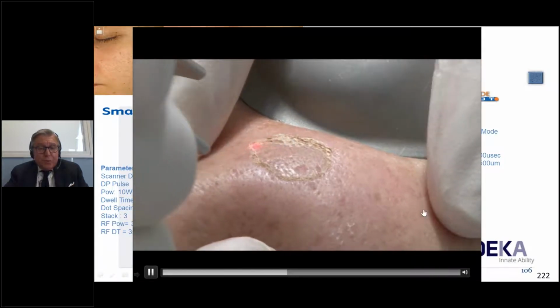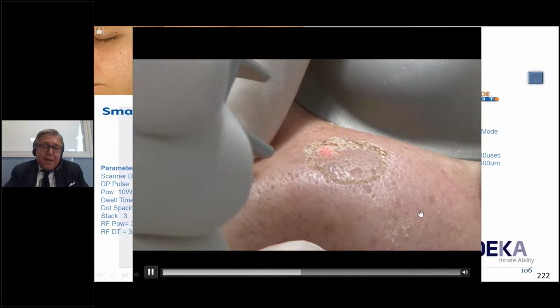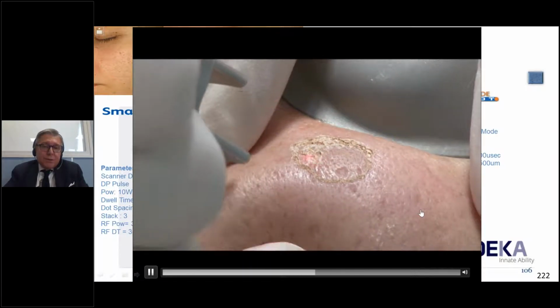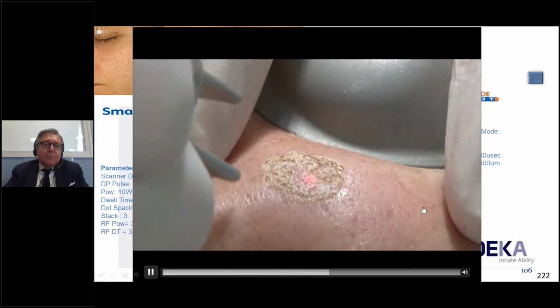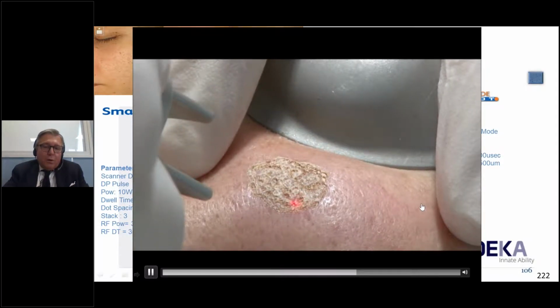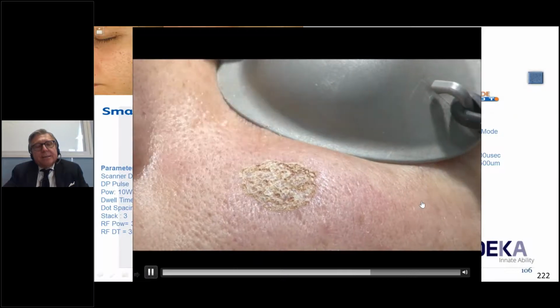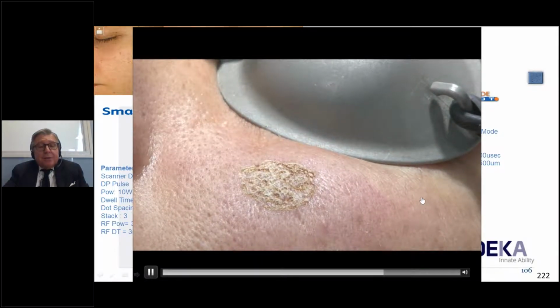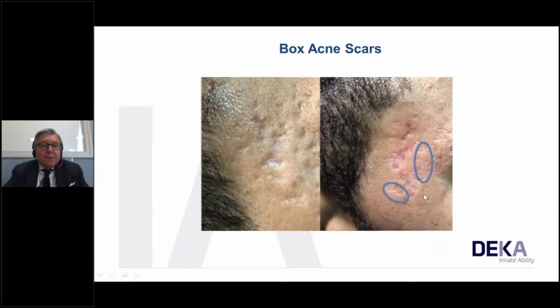Why is it so important? Because we can combine the freehand, so the surgical modes for vaporizing, for ablating the edge, the wall of the atrophies, but then you can use the fractional at the same time. This is an example. You see on the right with the blue circle, the edge that we treated with the vaporization mode and the freehand SP Pulse.